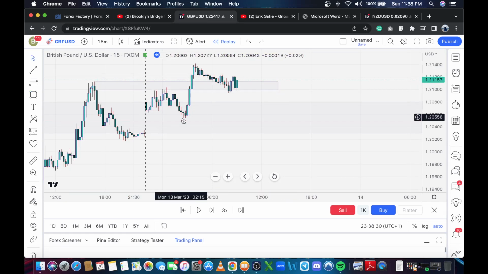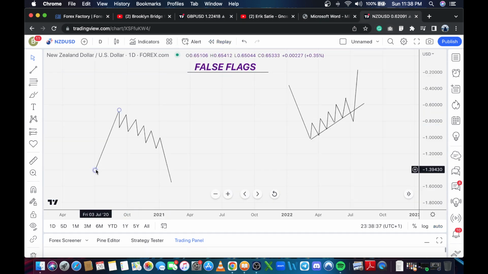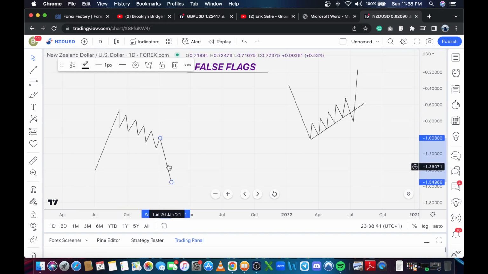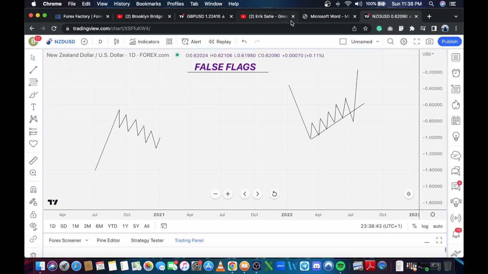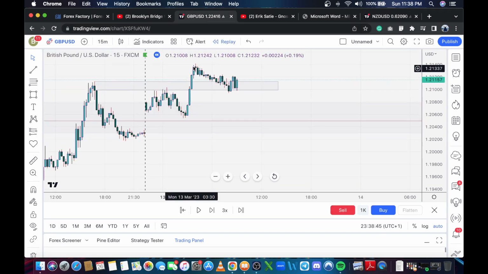Now look at what's going on here. Isn't that the impulse swing higher? That's the bullish leg of that flagpole. And then look at the retracement lower. If you use a trend line like this, it looks more like a flag. Now watch what's going on here.